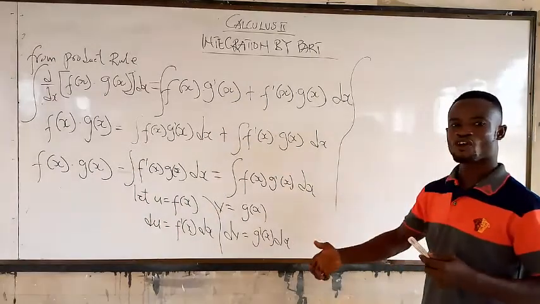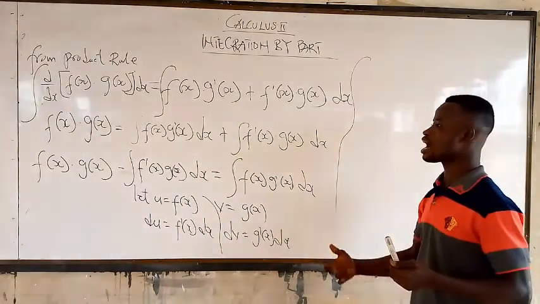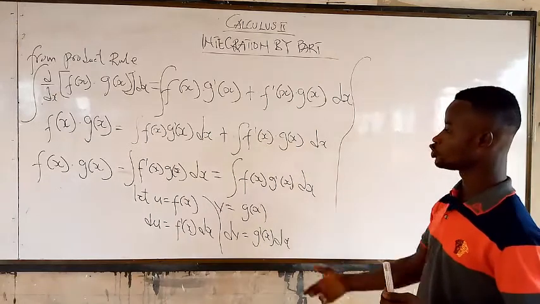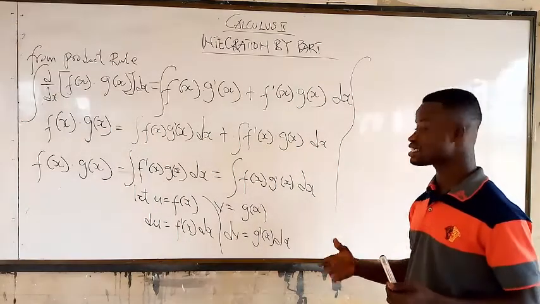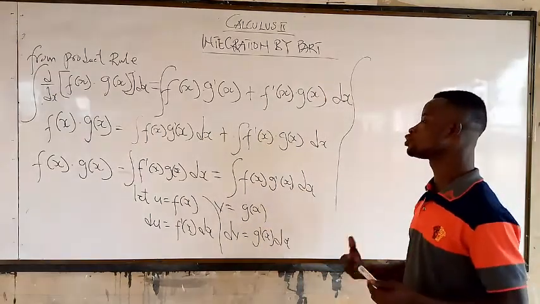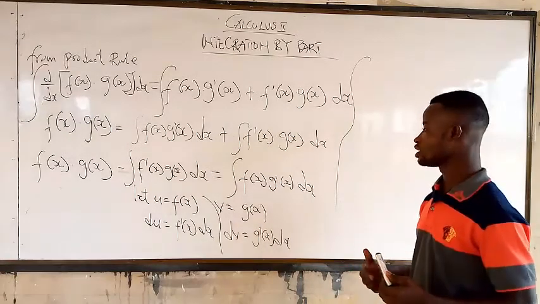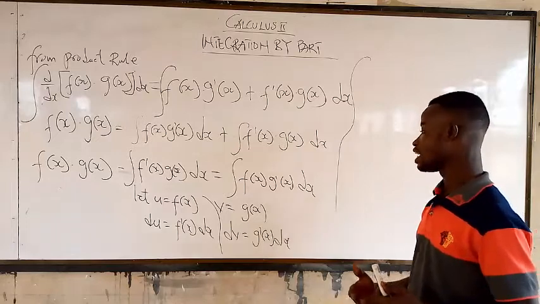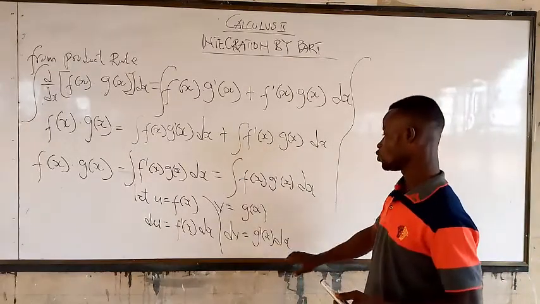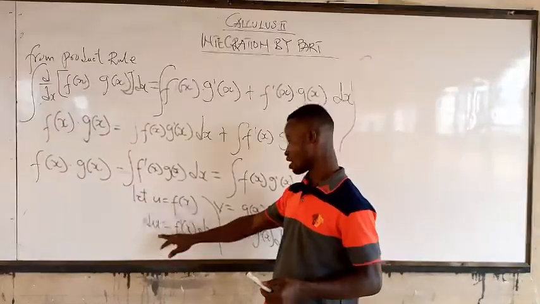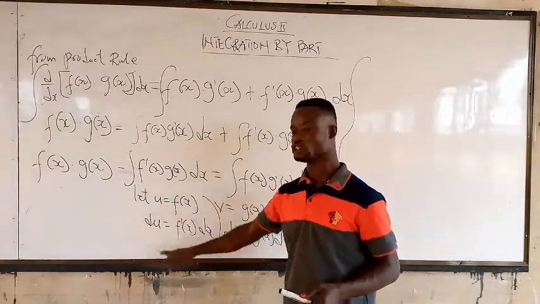Now we are going to do substitution. Wherever we see f of s here, we put u there. And wherever we see g of s, we put v there. And wherever we see this form, we put v there. Wherever we see this, we put u there.